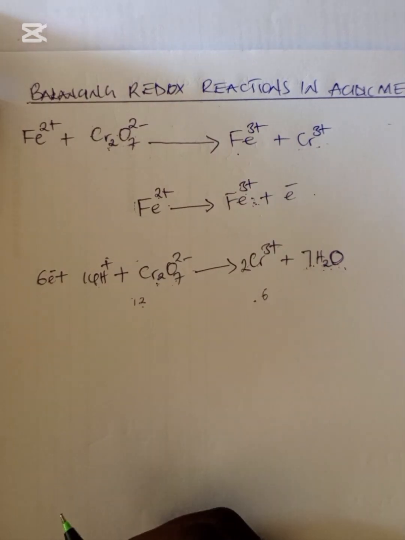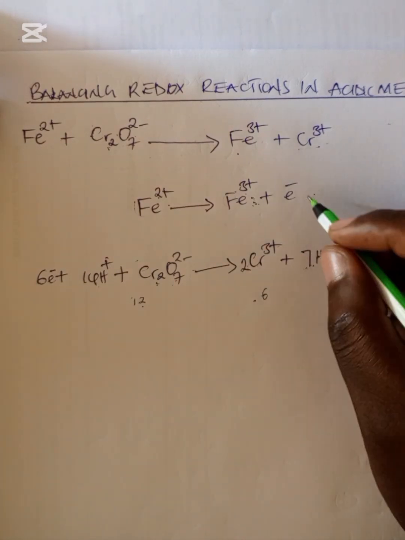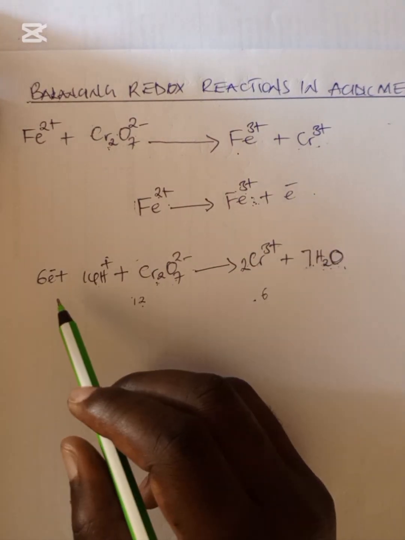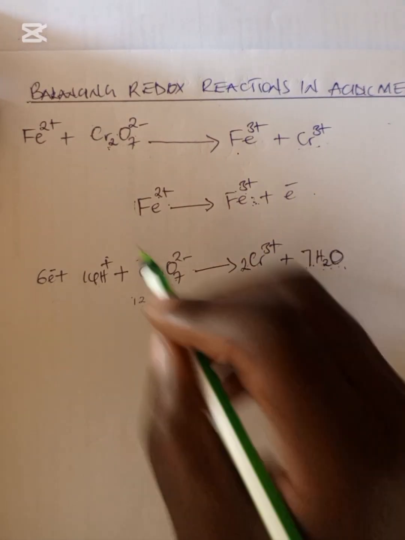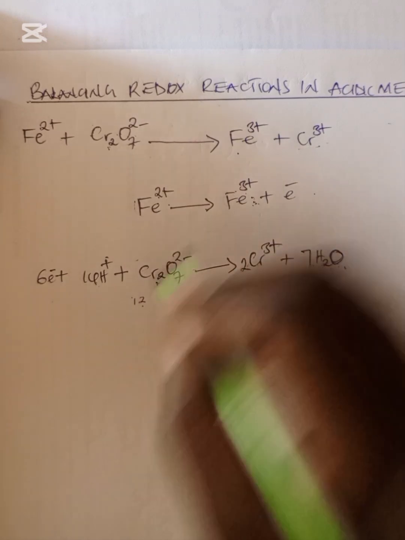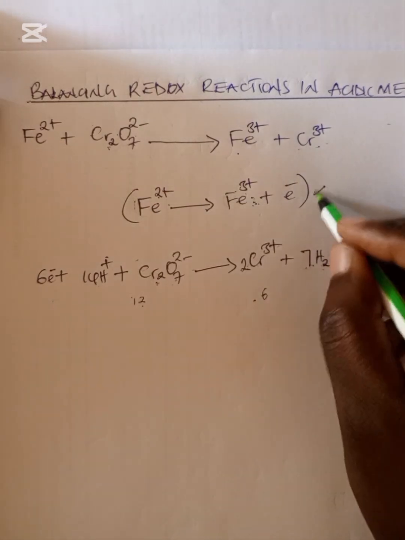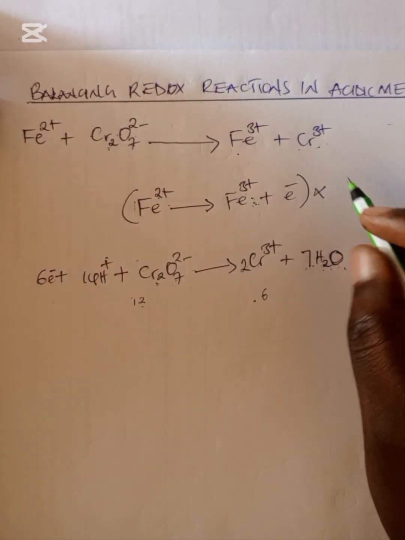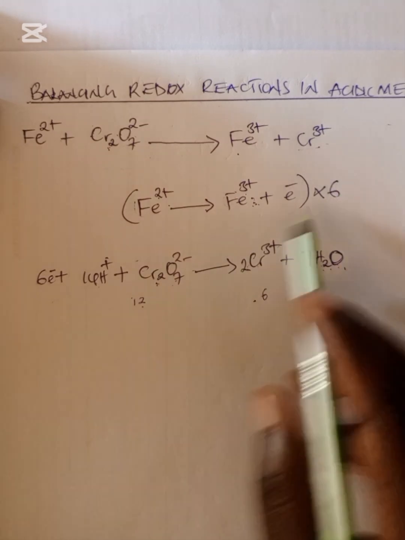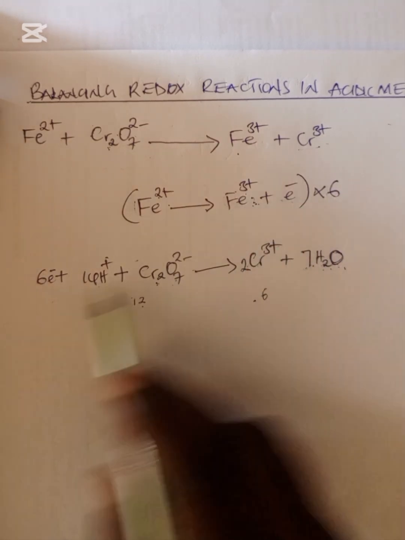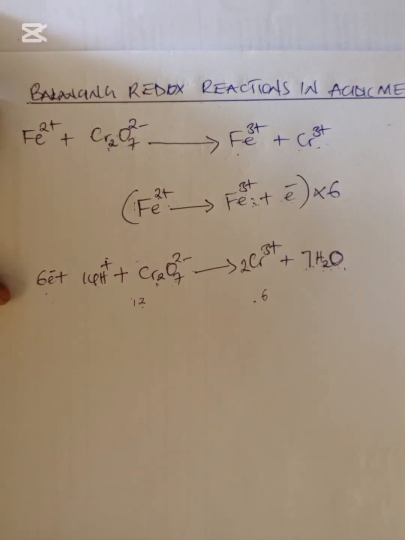So we can simply look at the lowest common factor, of which here we can simply multiply by 6. If we multiply by 6, then we're going to balance the number of electrons which we need here.